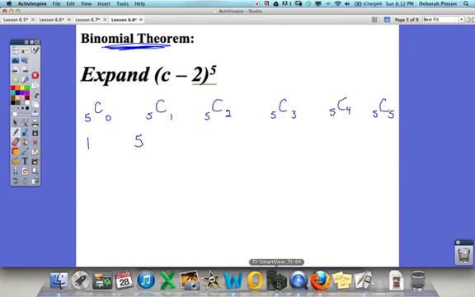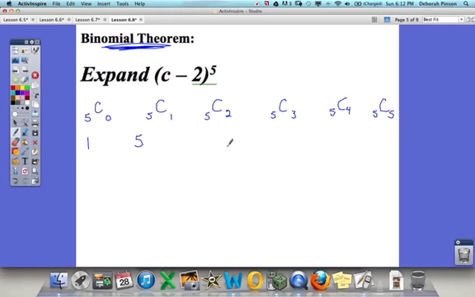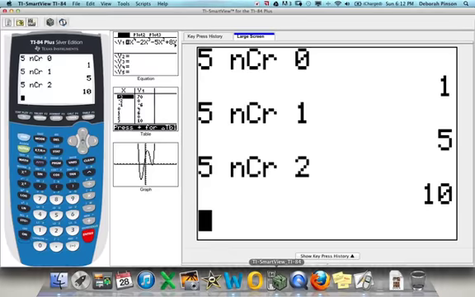And I'm going to keep doing that. Okay, so second enter, and I'll change that to a 2. And keep doing that. So I'm just going to do these quickly.